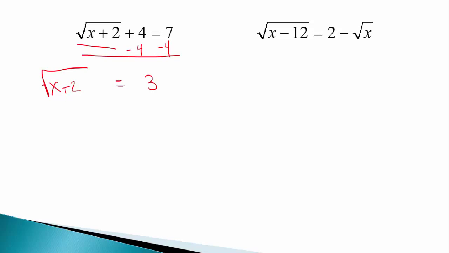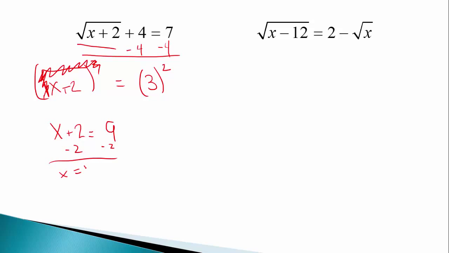I can't get rid of anything else inside the radical until I eliminate the radical sign. And the way I'm going to do that is I'm going to square both sides of this equation, because that allows me now to cancel out both the radical and the exponent of 2 and have just x plus 2 equals 3 squared, which is 9. Then I'll subtract 2 from both sides, and I get x equals 7.